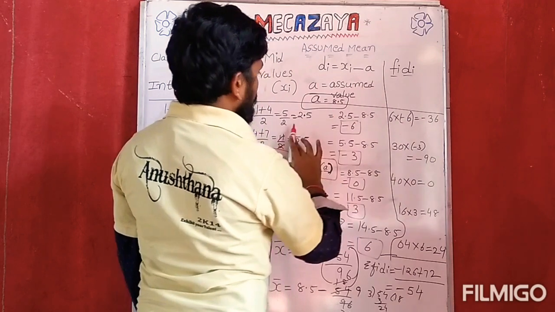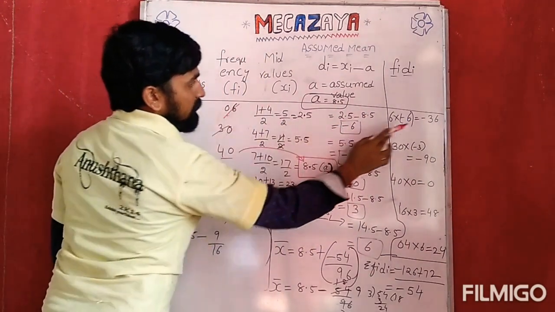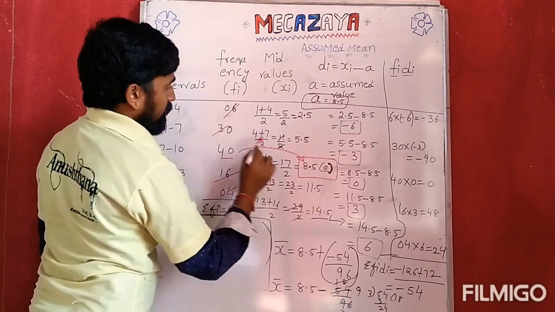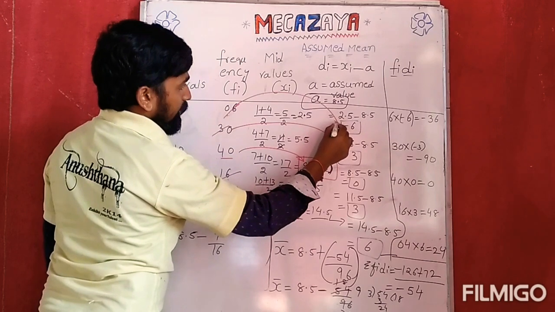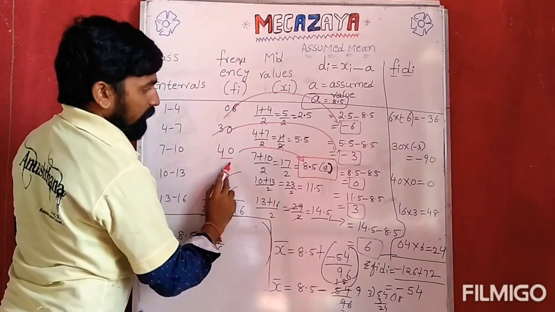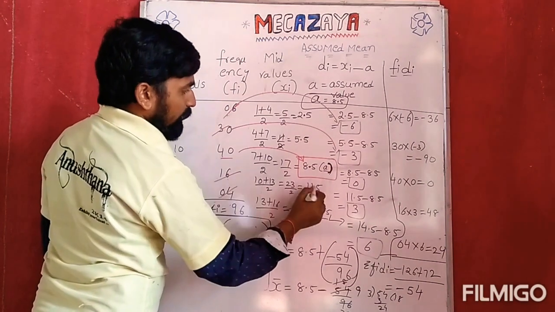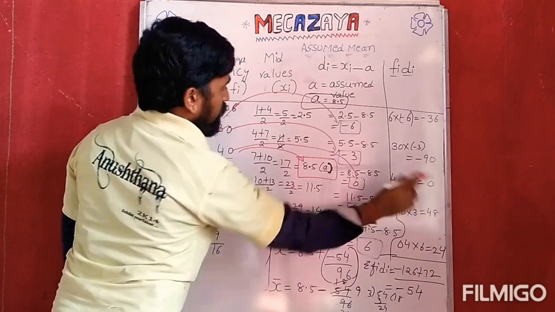Next, fi di: multiply fi into di. 6 6s are 36, 30 into 3, don't get confused, 30 into 3 is 90, and 40 into 0 is 0.